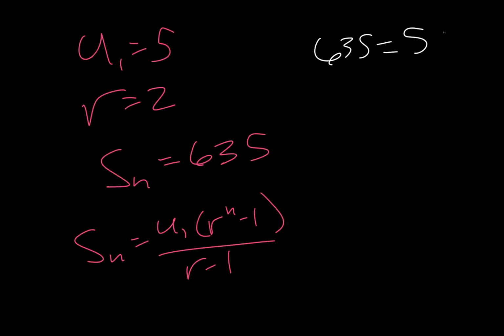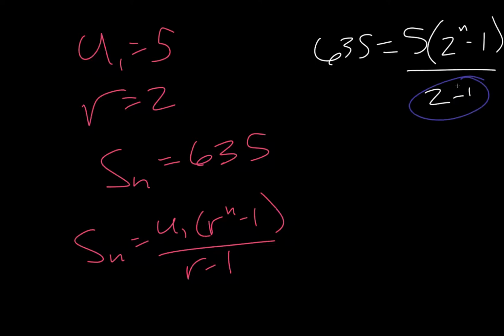Our u1 is 5. Our common ratio is 2. We don't know n, but we know r again. Now it just comes down to simplification. So the bottom just becomes a 1, so that ends up being redundant. So we can just focus on the top now.